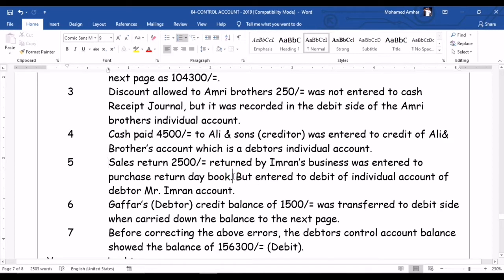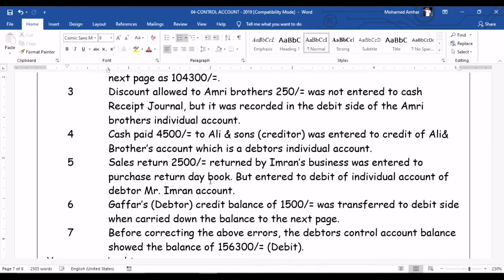If the sales return is entered in the purchase return day book, it is clear it is not entered in the sales return day book. So the sales return day book total is 2,500 less, and it should be transferred to the debtors control account credit side.